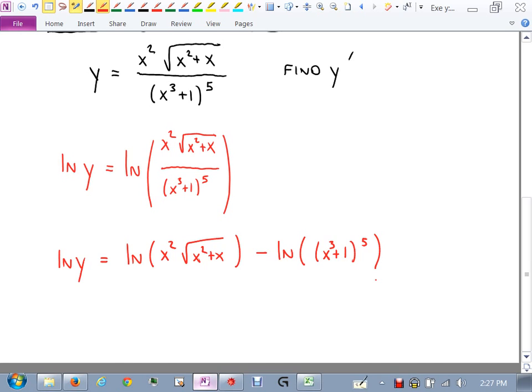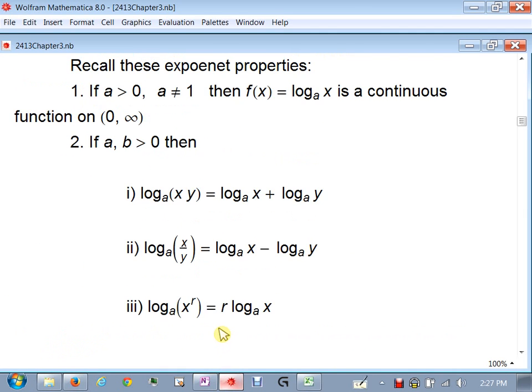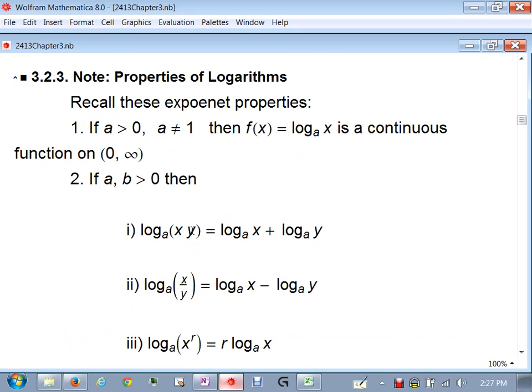And then on this first log, I'm going to realize I have multiplication here, don't I? I have multiplication right between these two. And because of that, I'm going to go back to this property again. This says that if I have multiplication inside of a single log, I can split it into 2 logs with addition between them.